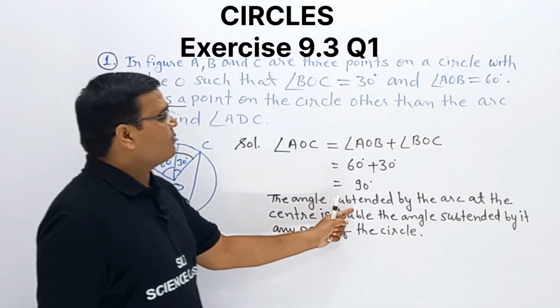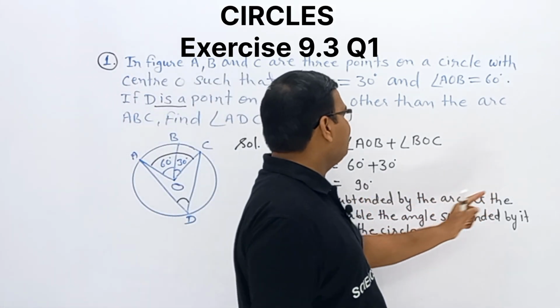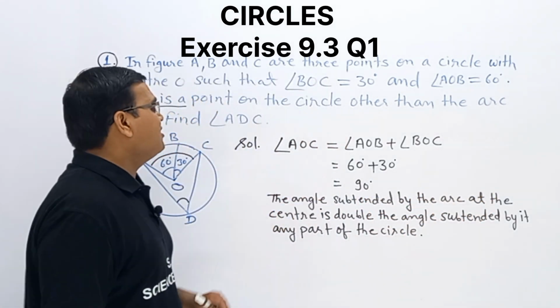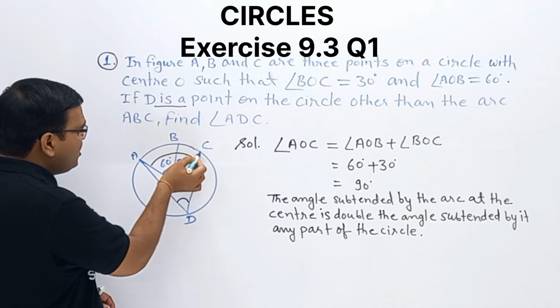The angle subtended by the arc at the center. We have one arc ABC.